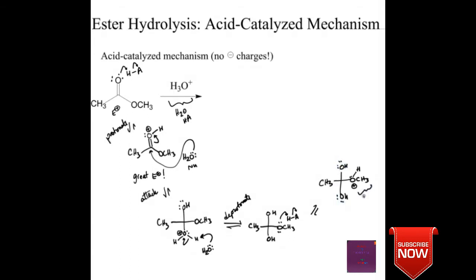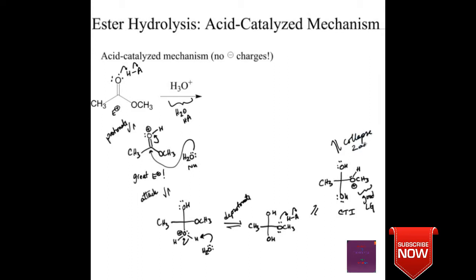Now I have a good leaving group, and what else do I have? How would you describe this intermediate? It looks like I have a CTI, a charged tetrahedral intermediate. I have a tetrahedral carbon, two or more groups of lone pairs, and one of them is charged. I'm in the perfect situation to do a collapse of a CTI.